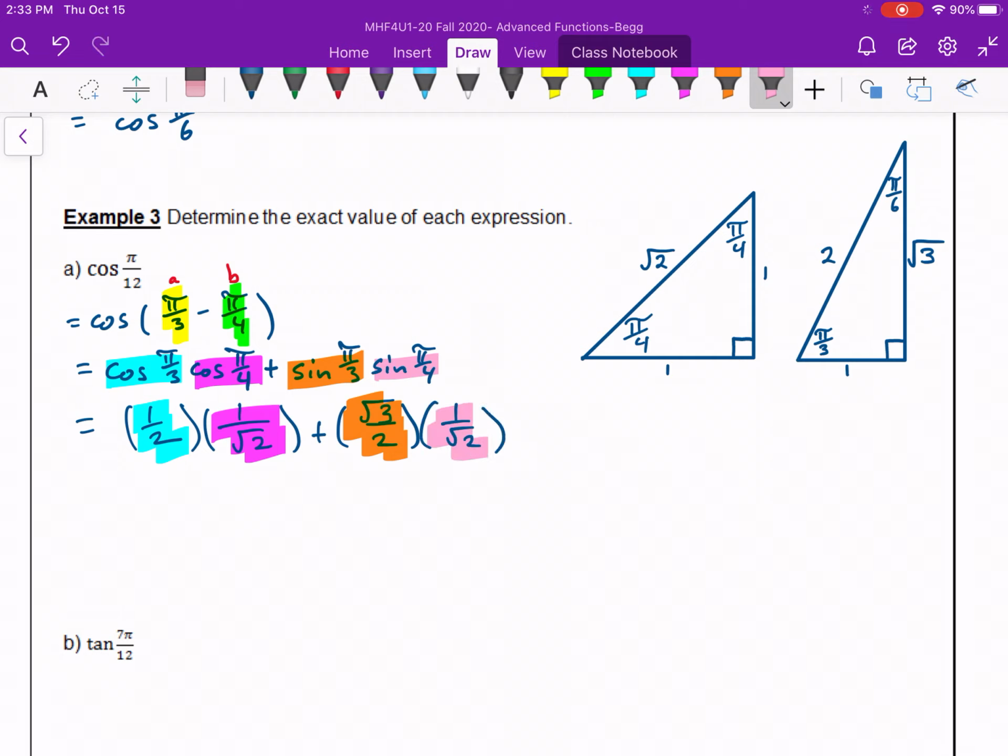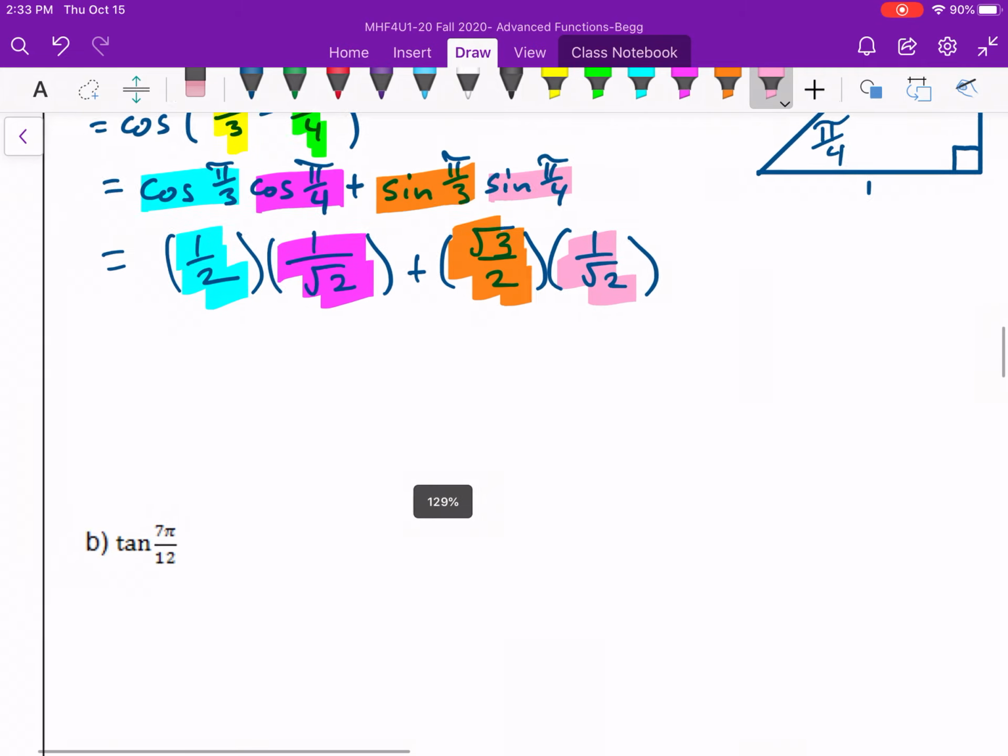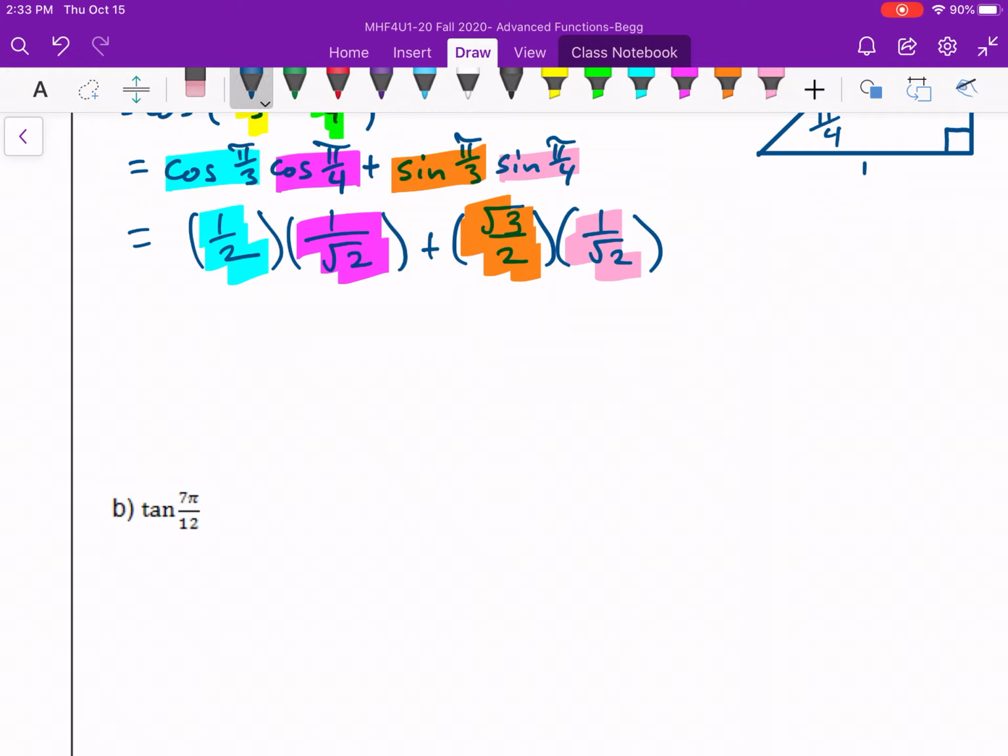So with the highlighting, you can see where these different numbers came from. You know that we're not allowed to have radical numbers on the denominator, so we will have to deal with that, but I'm going to deal with that at the end. So let's just simplify everything first, multiply it all together.